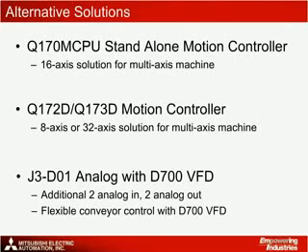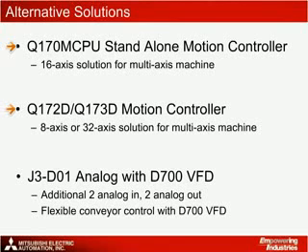Alternative solutions from Mitsubishi Electric include all of the other motion controllers that can process encoder feedback for encoder following. These include the Q170 MCPU standalone motion controller for control of up to 16 servo axes. This controller comes in handy for converting solutions, where a material gets passed through several stations before entering the rotary knife station.